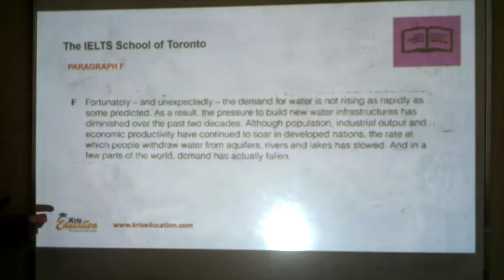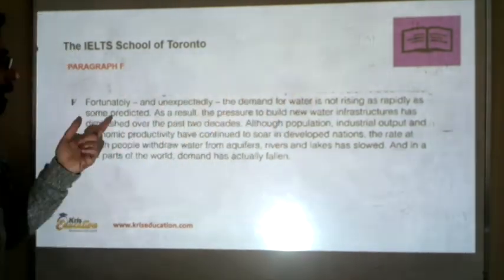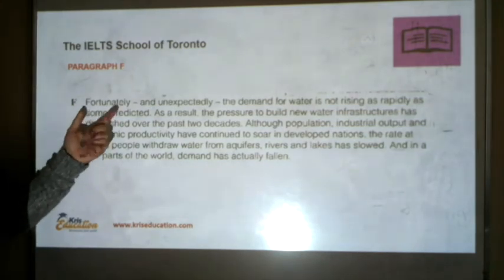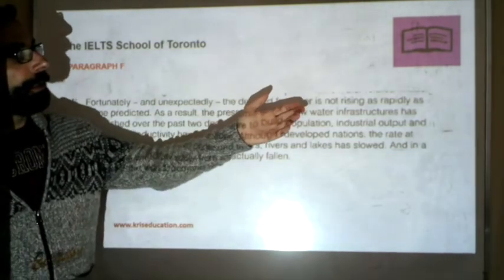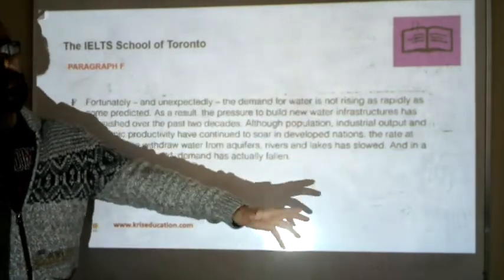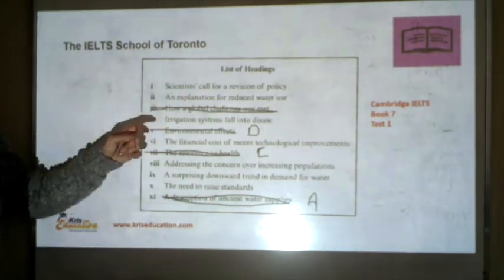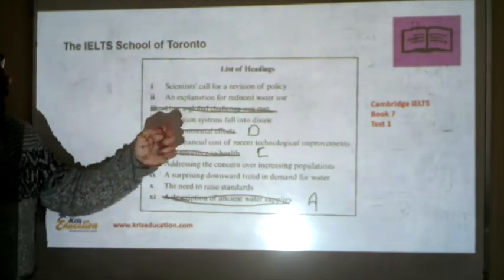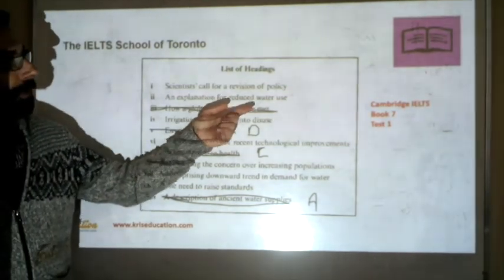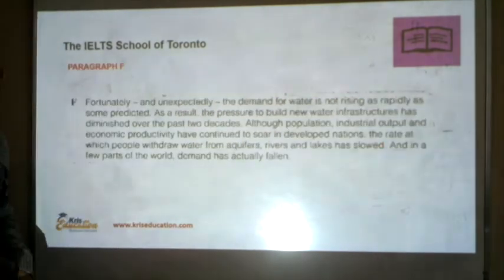Okay, so the main sentence here is the demand for water is not rising as rapidly as some people predicted. Scientists, it doesn't talk about scientists. An explanation for reduced water use? It talks about a reduction in water use, but does it talk about explanation?